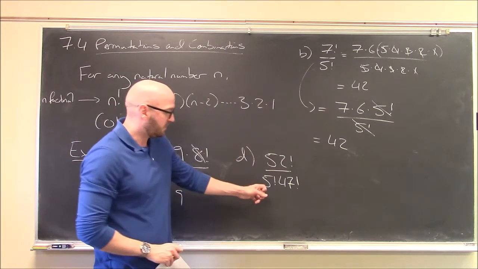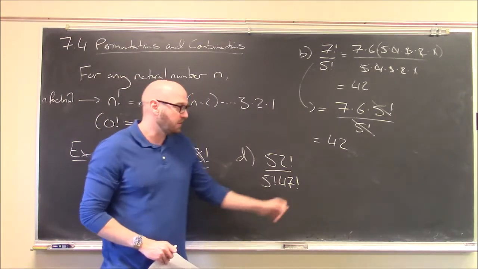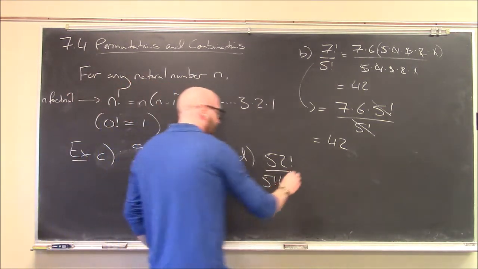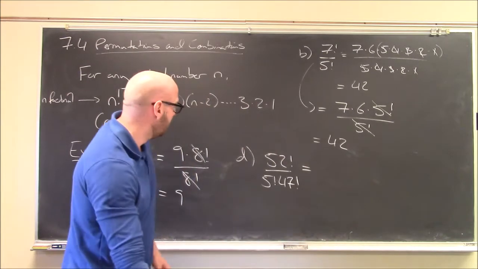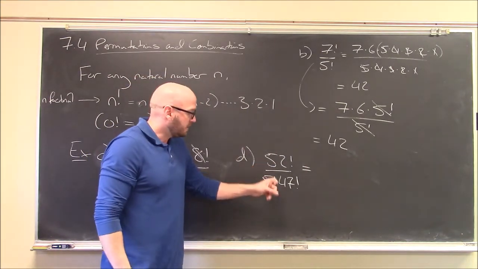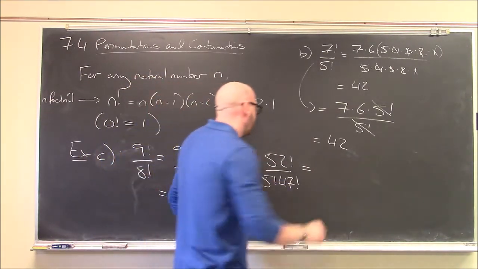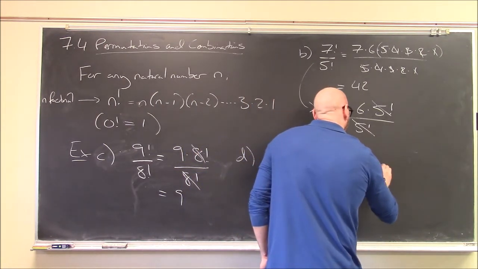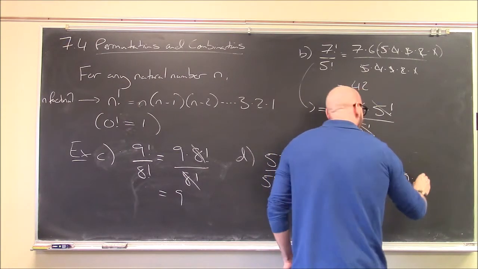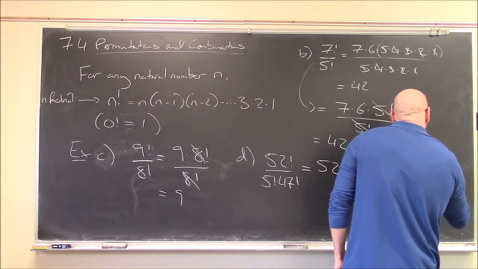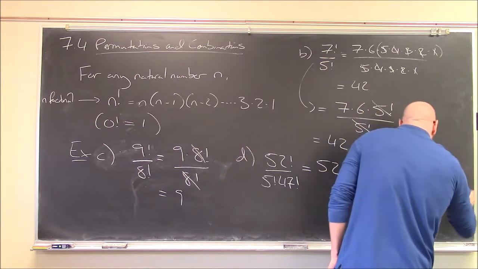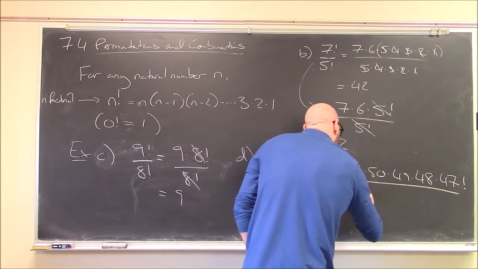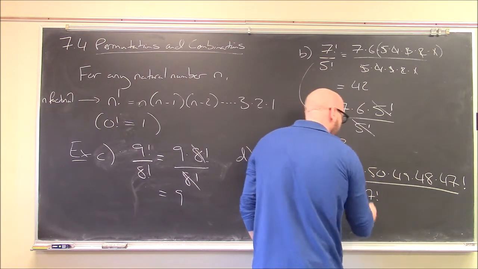And you can do this, right? This is just one number, 5 factorial, times another number, 47 factorial, and I'm multiplying them together. Well, let's start canceling. I'm going to expand this 52 factorial until I get to the smaller number here, 47. So this is 52 times 51 times 50 times 49 times 48 times 47 factorial over 5 factorial times 47 factorial.